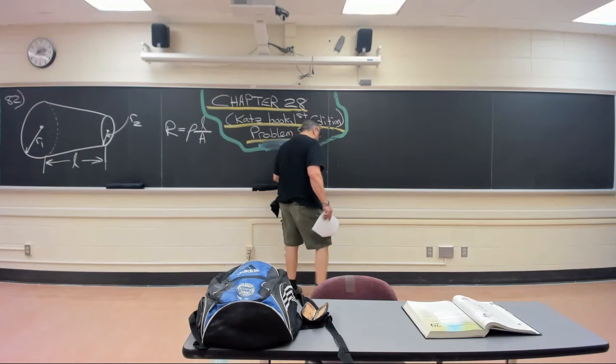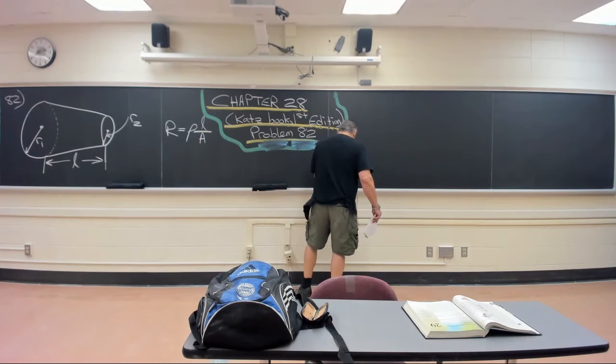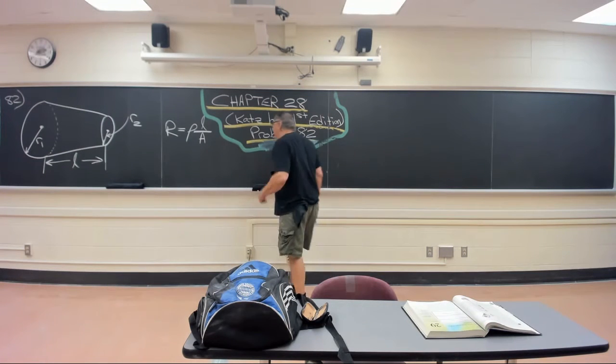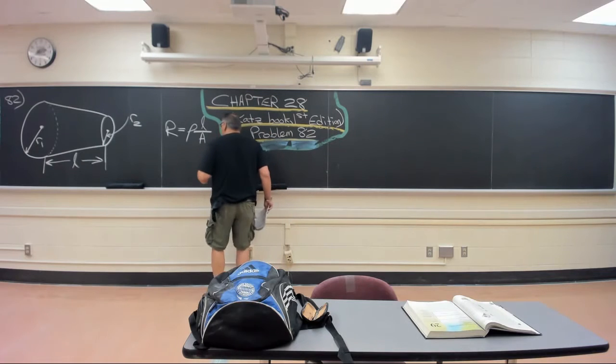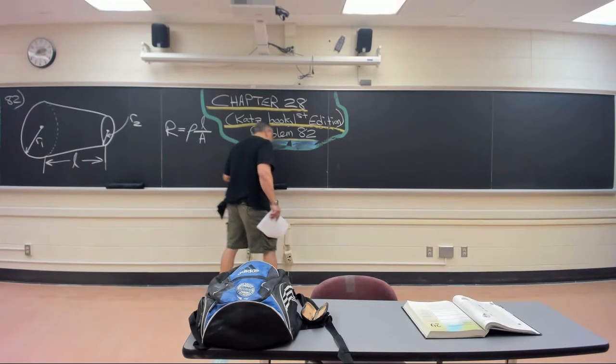And this works for any sort of length and for any sort of cross-section along the length, where the cross-sectional area along the length is constant no matter where you take it.